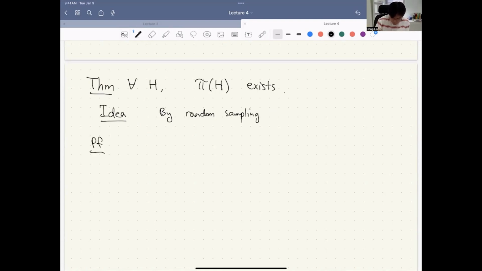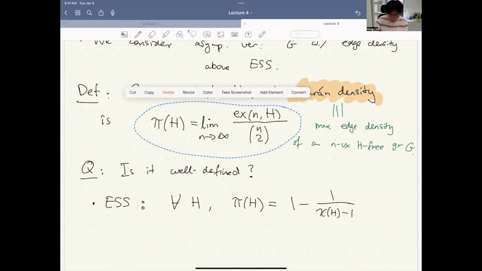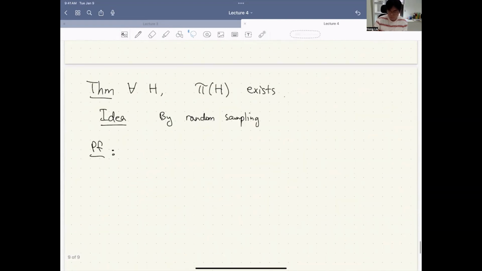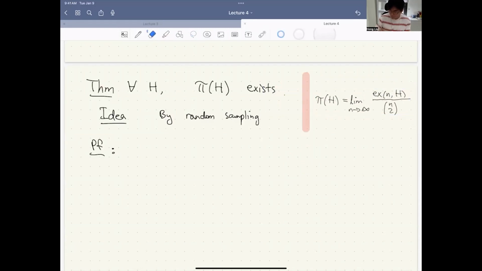Proof. So here's the idea. We want to prove this limit exists, right? Let's copy it here. This is a sequence of numbers parameterized by n.